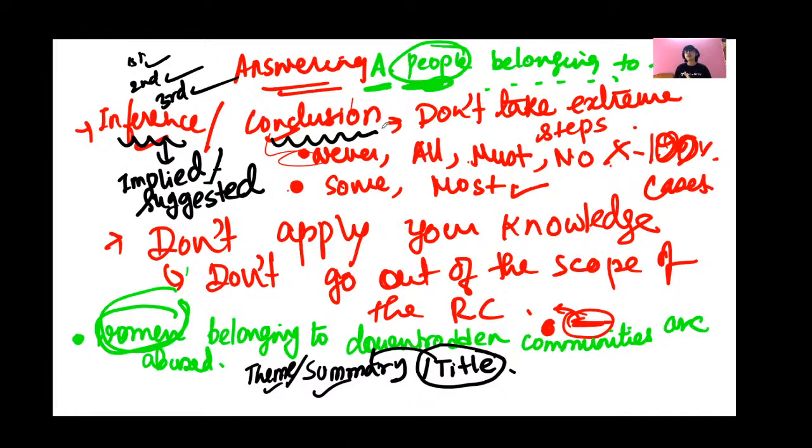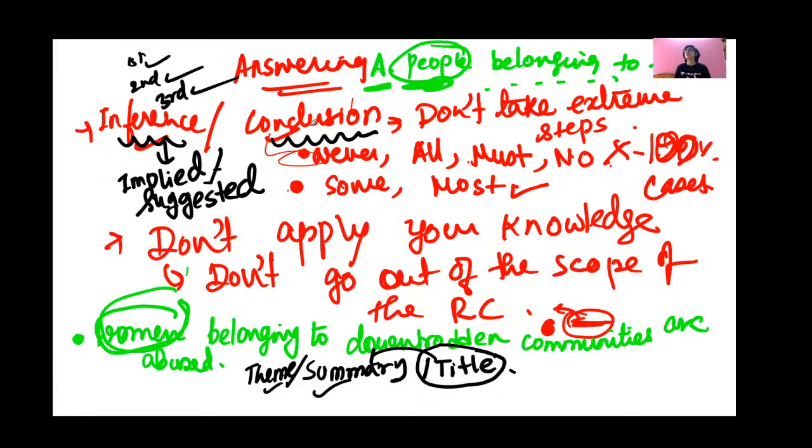And what conclusion can you draw? You can draw a conclusion that there are many companies which are not testing on animals, and still those companies are functioning well, and testing on animals is not ethical.